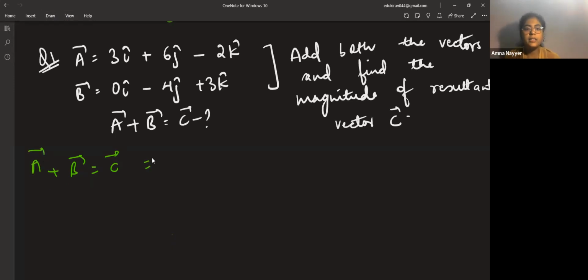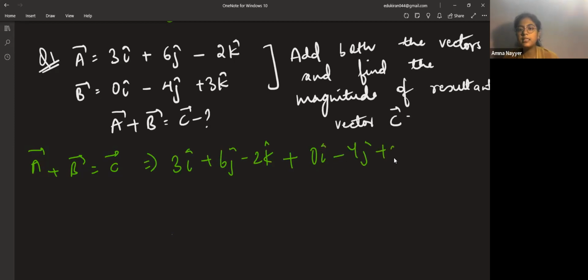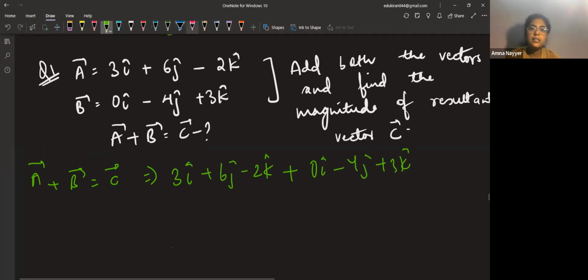So A vector is 3I cap plus 6J cap minus 2K cap plus, what is your B vector? 0I cap minus 4J cap plus 3K cap. What have we studied? These two get added, these two get added up.